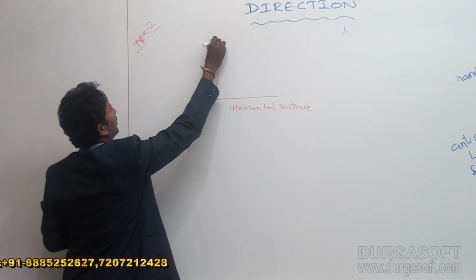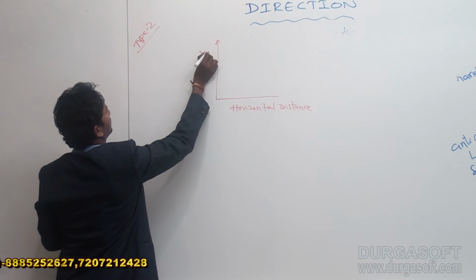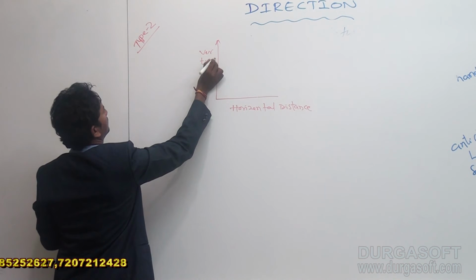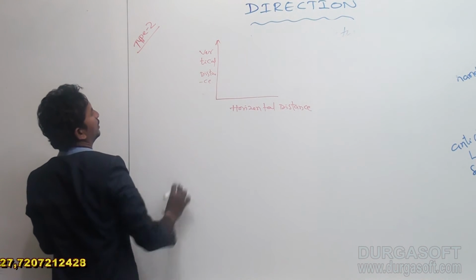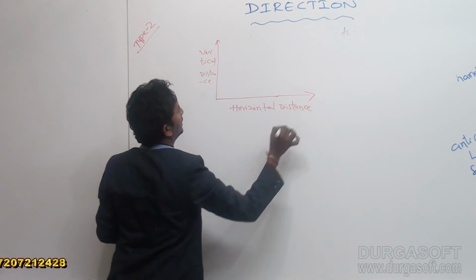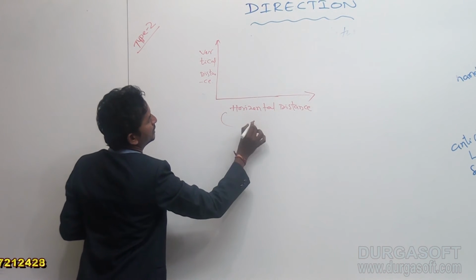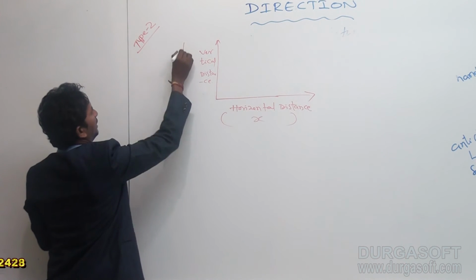Now this is the vertical distance. I am taking the horizontal distance as x and the vertical distance as y.